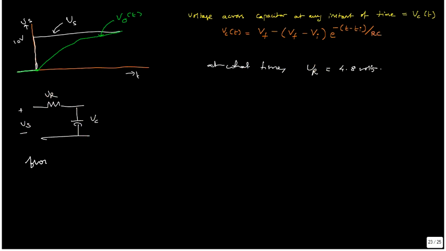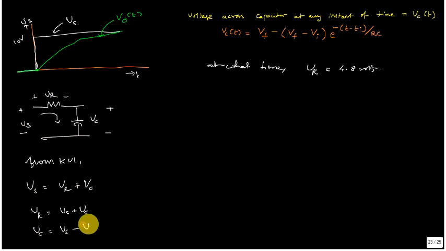From KVL, can I say that Vs is equal to VR plus Vc, because current is flowing in this direction, so this will become plus minus, and this will become plus minus. So if you apply KVL, Vs is equal to VR plus Vc, otherwise VR is equal to Vs minus Vc, else Vc is equal to Vs minus VR.